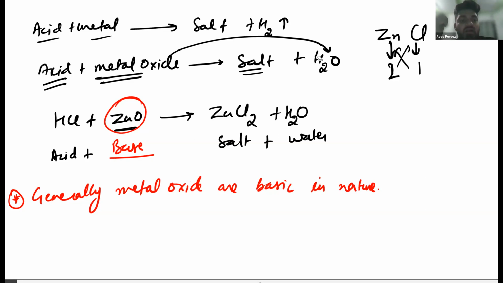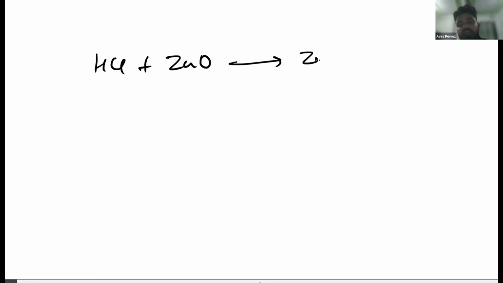Now let's compare. HCl when reacting with ZnO gives you ZnCl2 plus water.